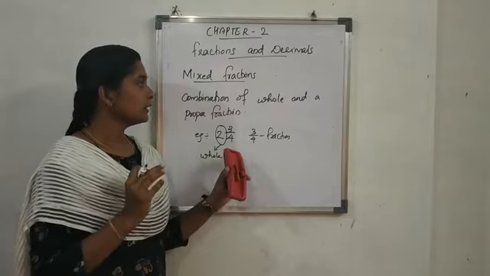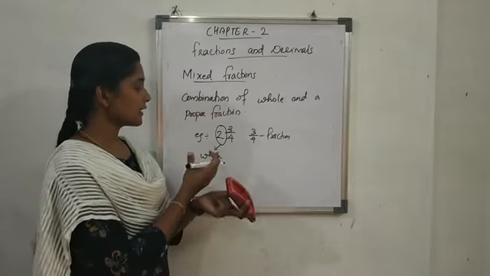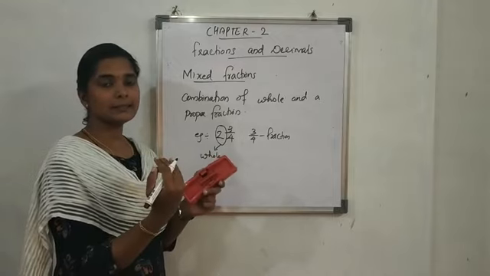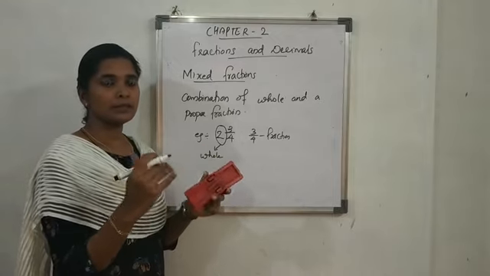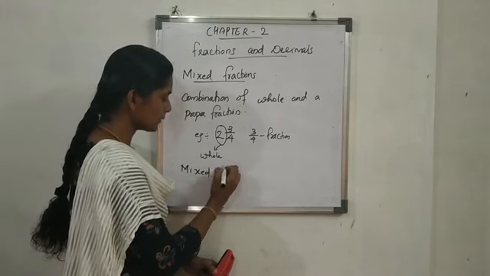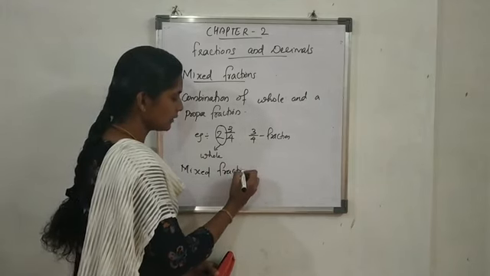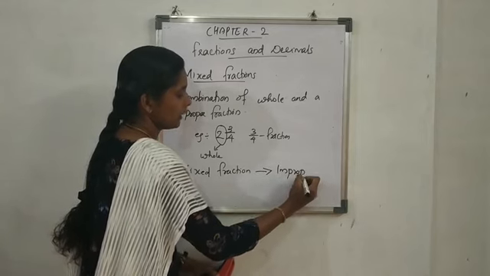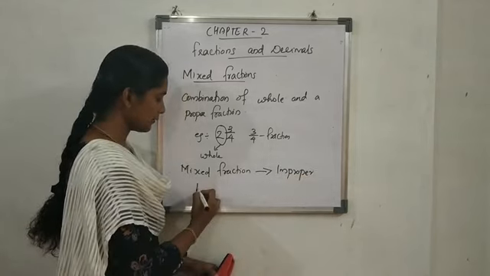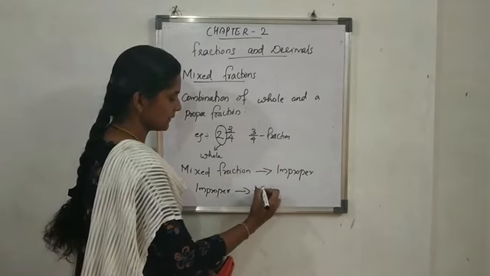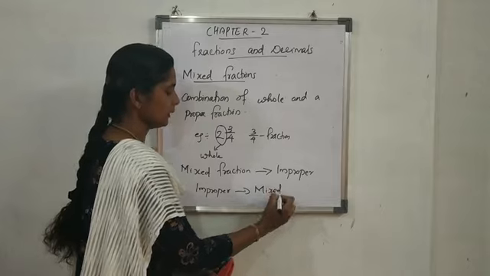Then this mixed fraction we can convert into an improper fraction. And also an improper fraction we can convert into a mixed fraction. Improper to mixed and mixed to improper.